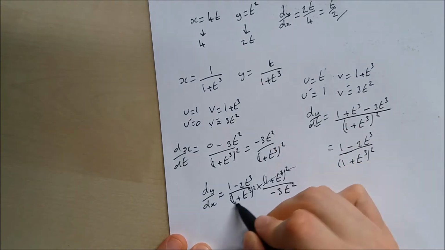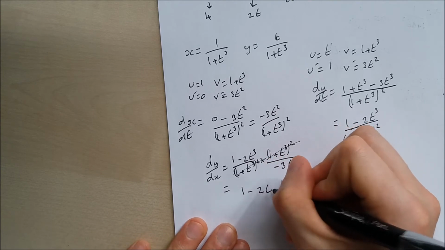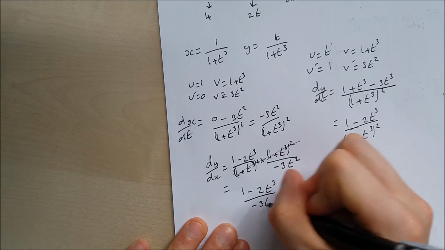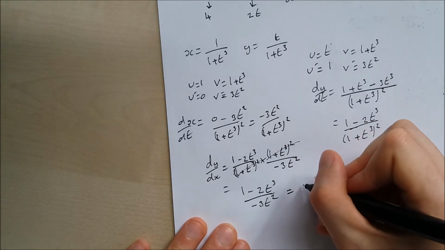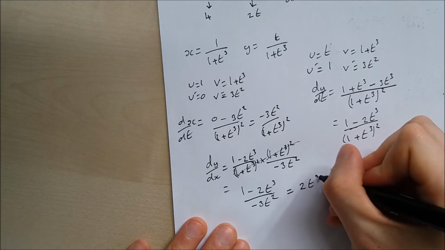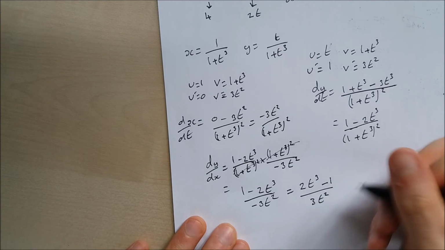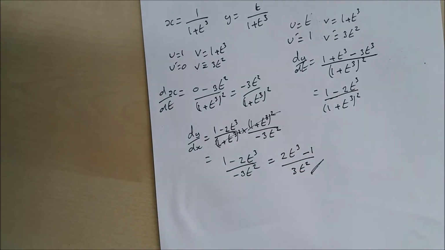You can cancel these out and you have (1 minus 2t cubed) over minus 3t squared. Multiply 3 by minus 1 and you're going to have (2t cubed minus 1) divided by 3t squared. And this is what the derivative of the Cartesian form would be.